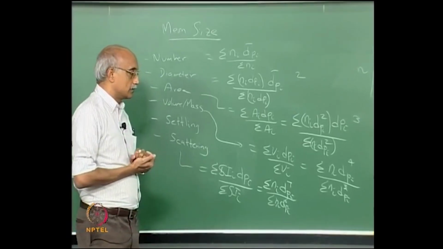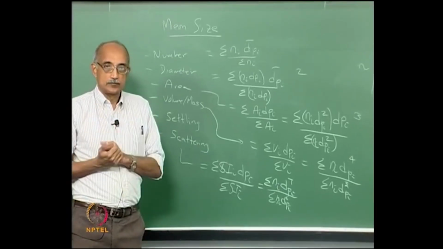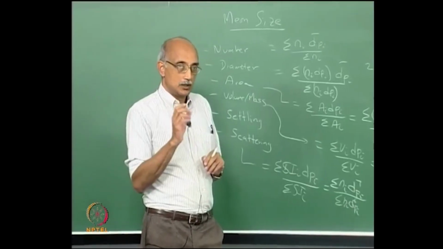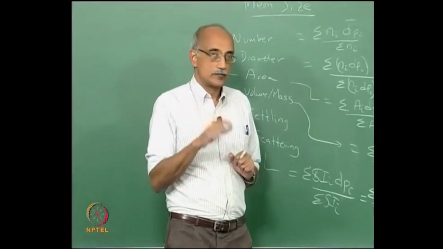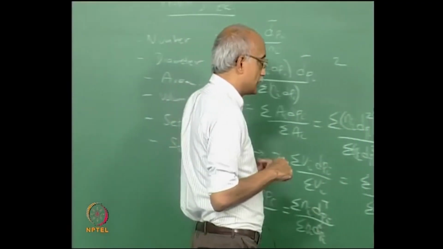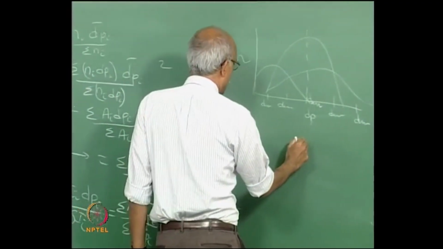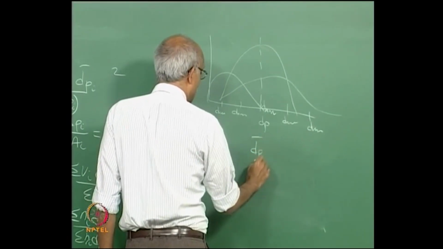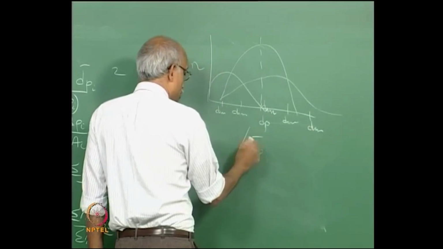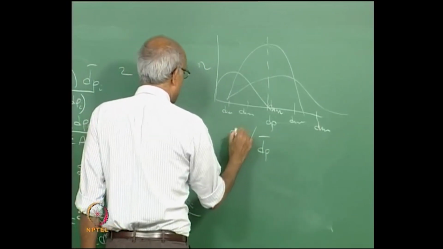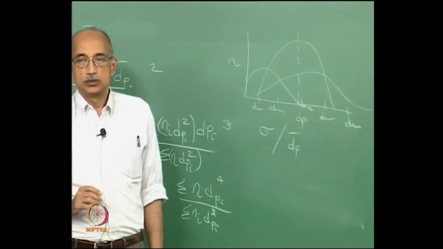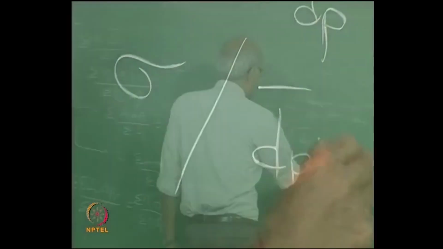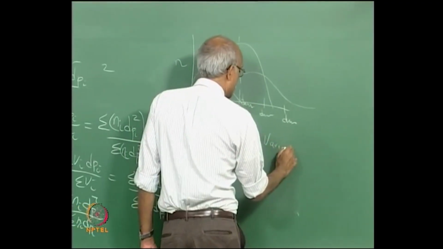When you are actually trying to make powders, for the most part your objective will be to make the distribution as tight as possible, and one of the key parametrics in that context is this ratio of mean diameter dp bar and the standard deviation sigma. The ratio of sigma to dp bar is a key variable for you, and this is called the variability coefficient.